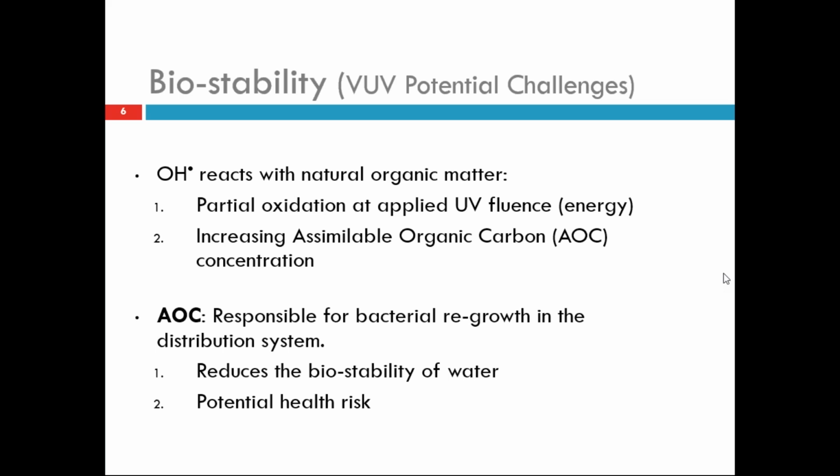Now, we can get complete degradation of NOM, but at a higher UV dose, which would lead to an increase in the cost. Hence, it's not possible practically. Therefore, at the applied UV dose, the partial oxidation generates smaller molecular weight fractions, which are more biodegradable, that can increase the assimilable organic carbon concentration.